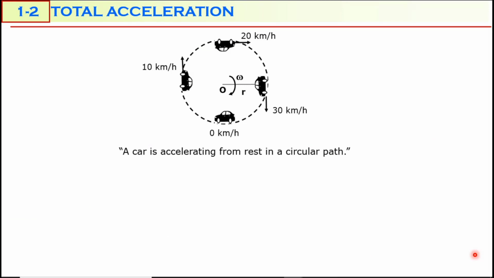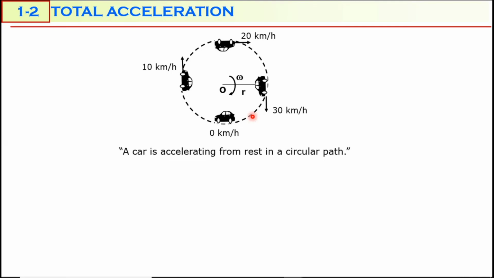Now, look at this picture. A car is accelerating from rest on a circular path. The car is initially here, and it is speeding up: 10, 20, 30. As you see, the speed of the car is increasing. If speed increases, the tangential acceleration also must be calculated.